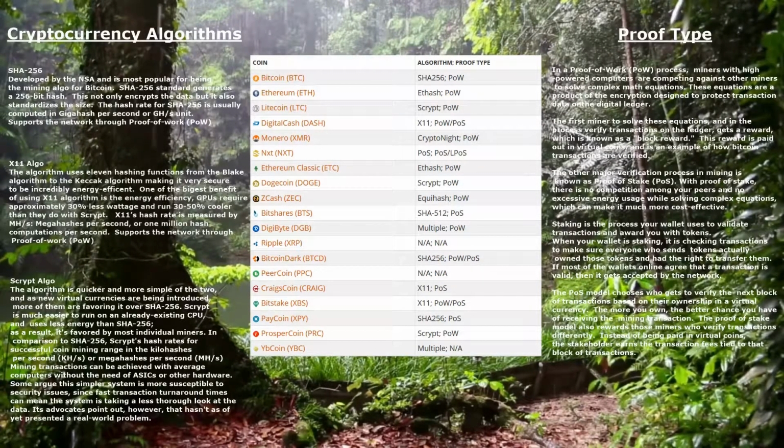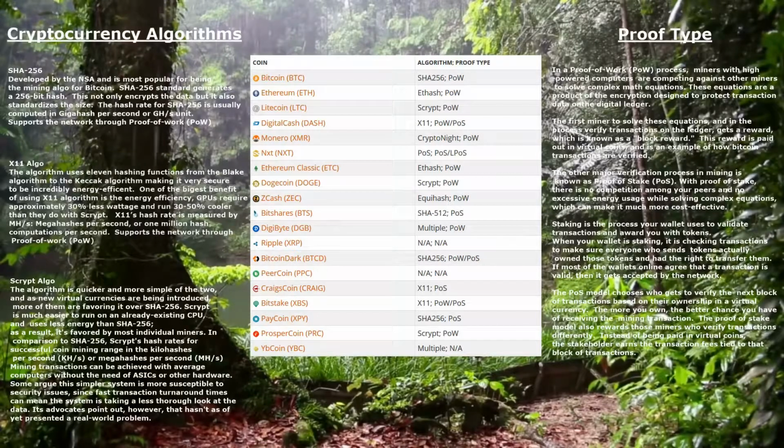So moving on to the cryptocurrency algorithms, I just want to go over the three major algorithms that are being used on some of the top coins. The SHA-256 algorithm was developed by the NSA and is the most popular mining algo for Bitcoin.